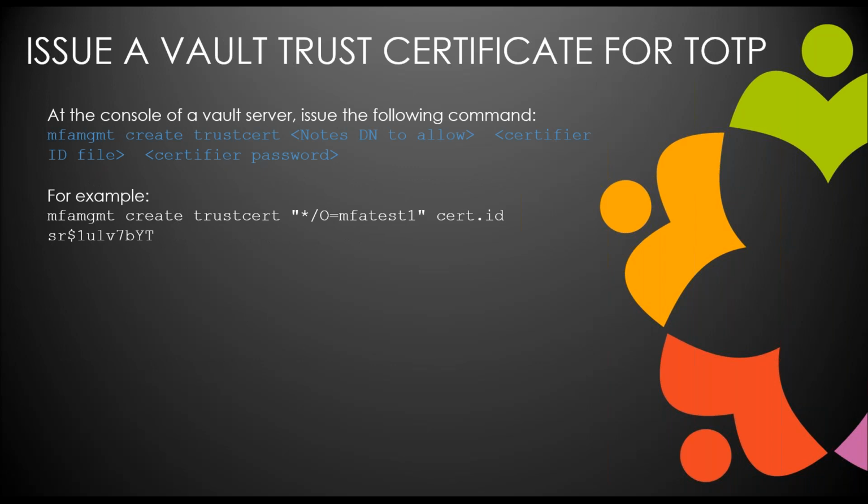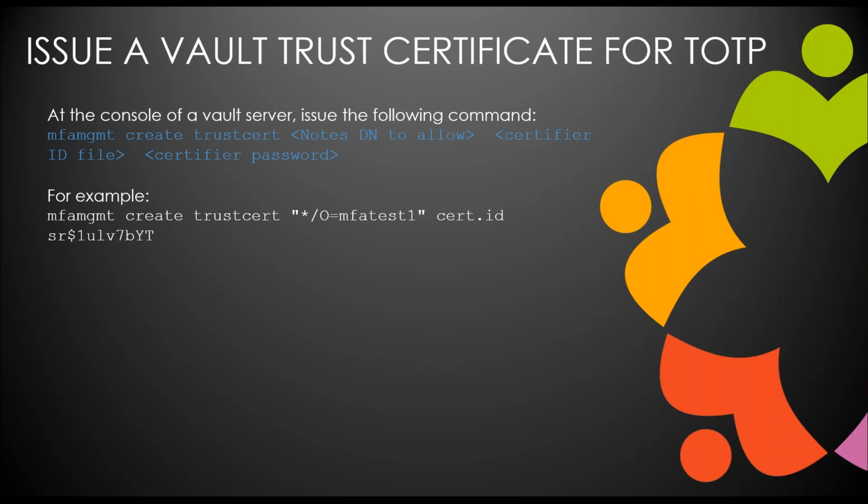So, issue a Vault Trust certificate for TOTP. At the server console, you issue this command, mfa mgmt create trust cert. Then the organization that you want to allow the authentication for, you give the certifier ID file and a password.